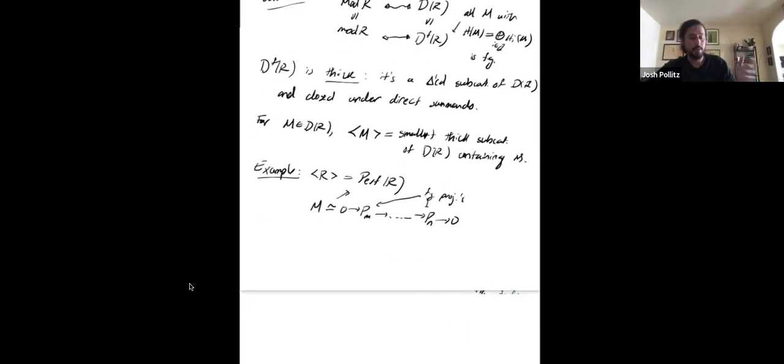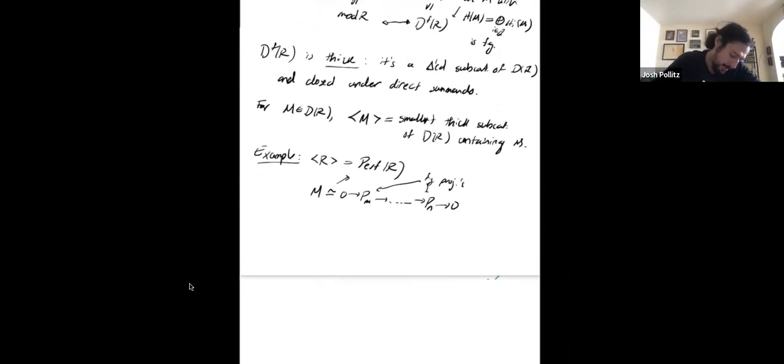What I want to do quickly is rephrase one of the most celebrated theorems using homological methods in commutative algebra, the Auslander-Buchsbaum-Serre theorem, in this setting.